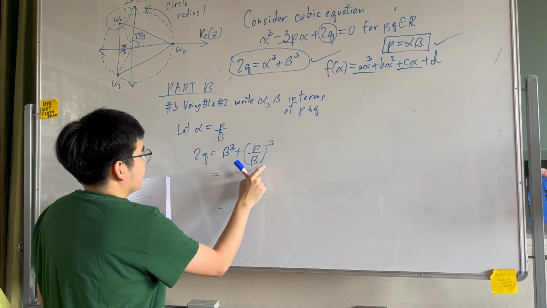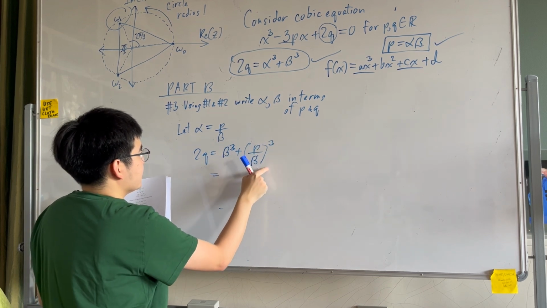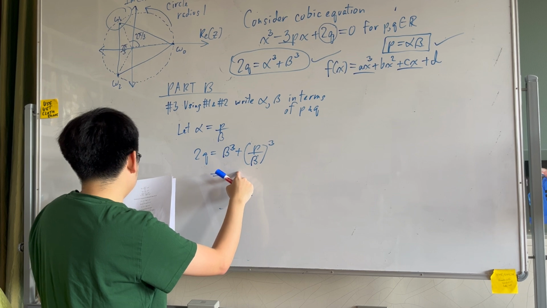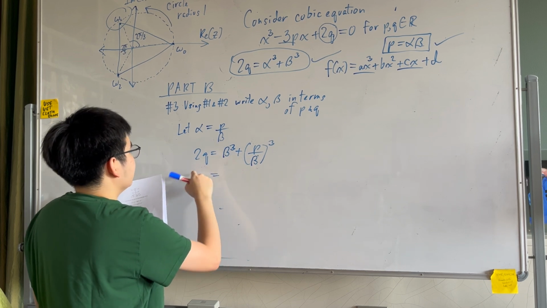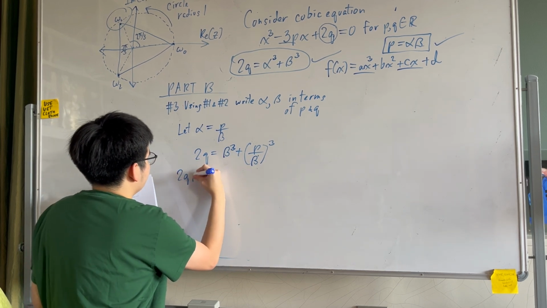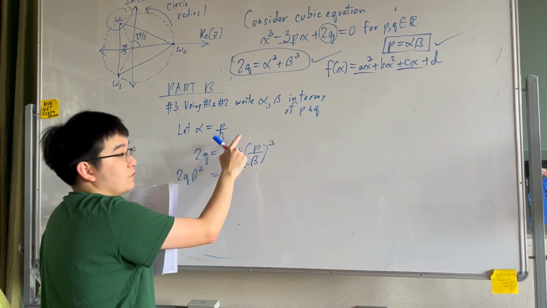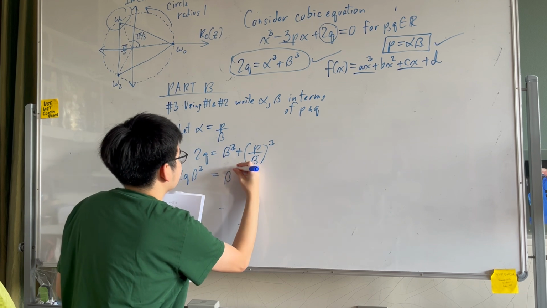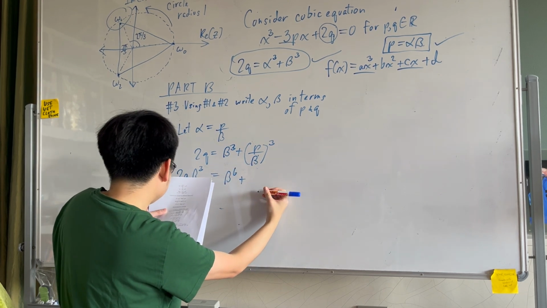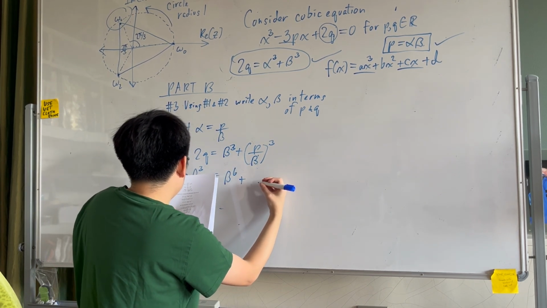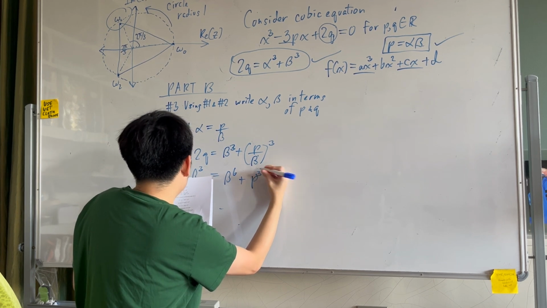So then cube goes to there and goes to there, so I can multiply a beta cubed to both sides. This becomes a 2 cubed, beta cubed. You get a beta cubed here, beta cubed times beta cubed. You add the three exponents together, you get a beta 6. And that's a p cubed.